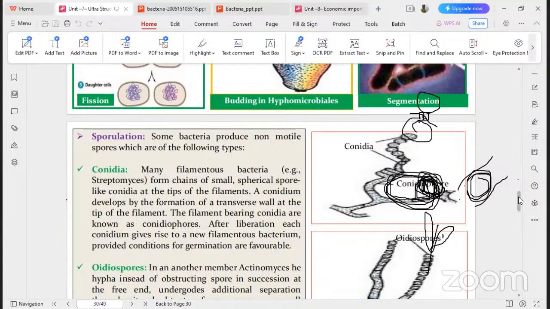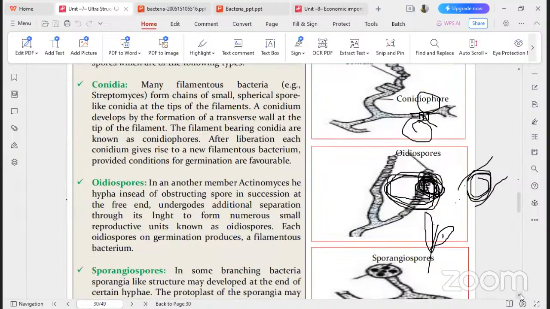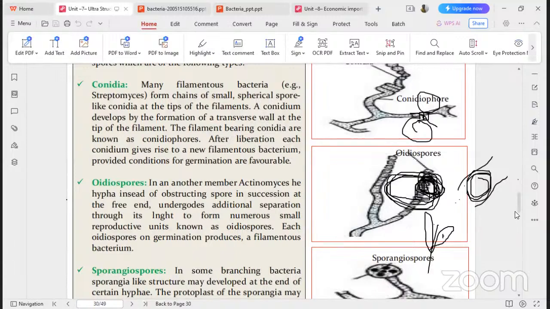These are especially in the actinomyces bacteria, the filamentous, fungi-like bacteria, called actinomyces or actinobacteria. Conidia and oidia are those spores; small, minute spores are called oidiospores. You can also see the sporangiospores.